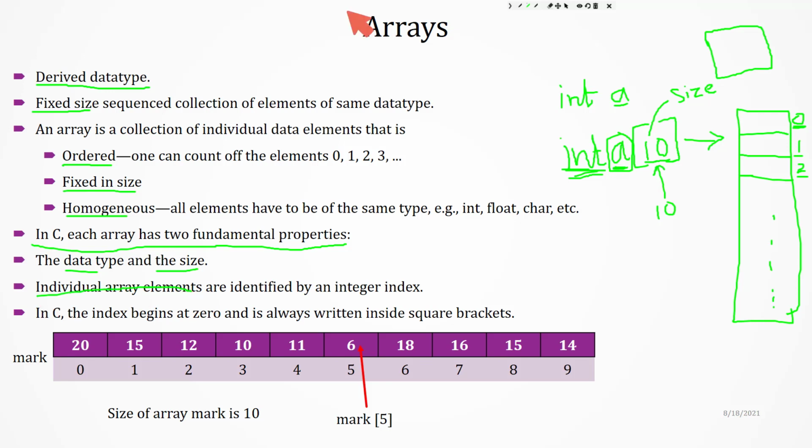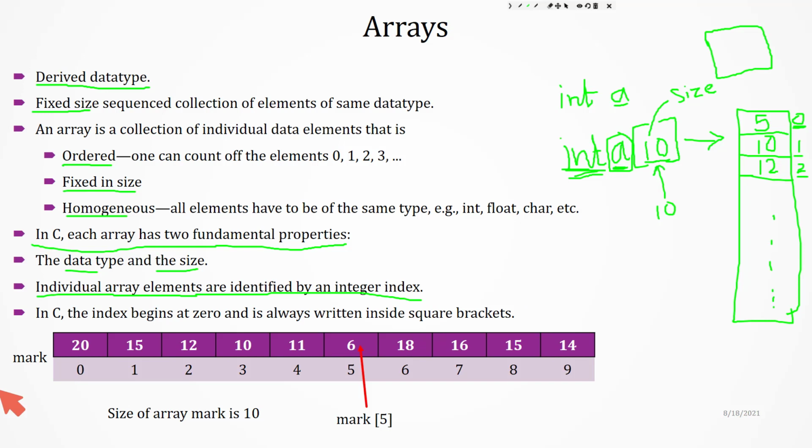Individual array elements are identified by using an array index. Here I have 10 cells. Imagine in the first cell I have stored 5, in the second cell 10, in the third cell 12. So individual array elements are identified by an integer index. In C, the index begins at 0 and is always written inside square brackets.